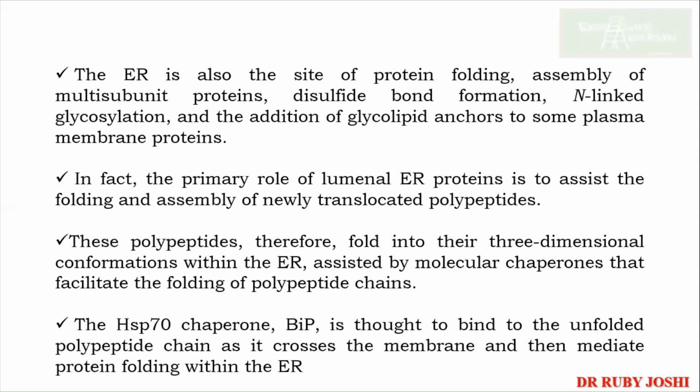The function of smooth ER is different, it is meant for lipid synthesis. We'll come to that later. So it is the site of protein folding, assembly of multi-subunit proteins, disulfide bond formation, N-linked glycosylation, and addition of glycolipid anchors in some cases.